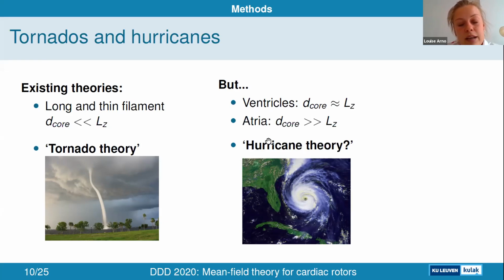And in the atria, over there, the diameter of the filaments is even way bigger than their heights, so bigger than the thickness of the atria. So the question is, should we move from a tornado theory towards a hurricane theory, being our mean field theory?